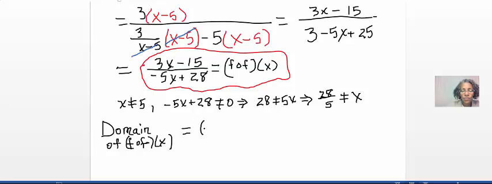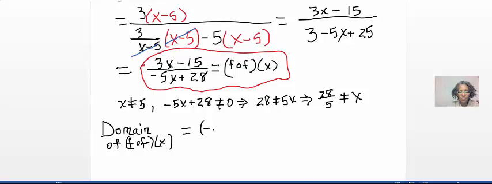So I have all numbers. Remember, I'm leaving out 5 and 28 over 5. So the smallest of these is 5. 28 over 5 is a little bigger than 5.